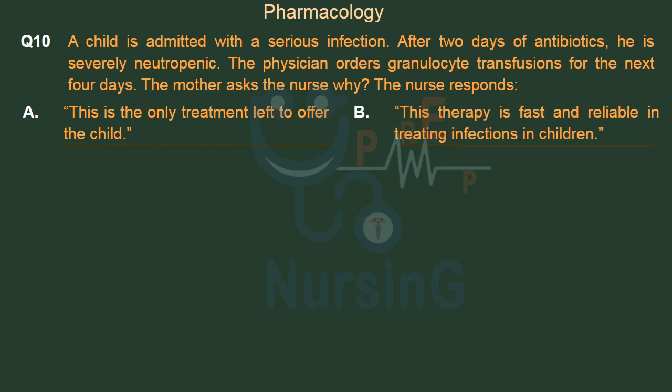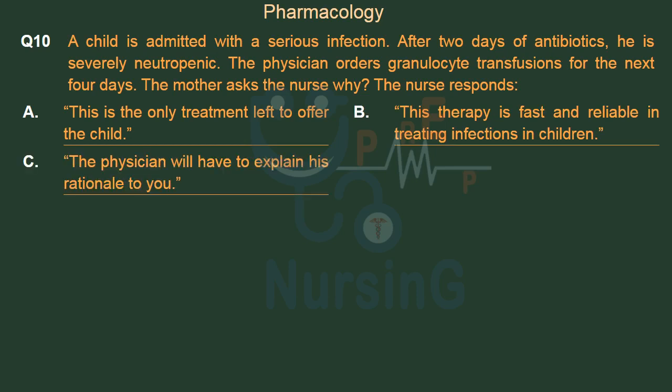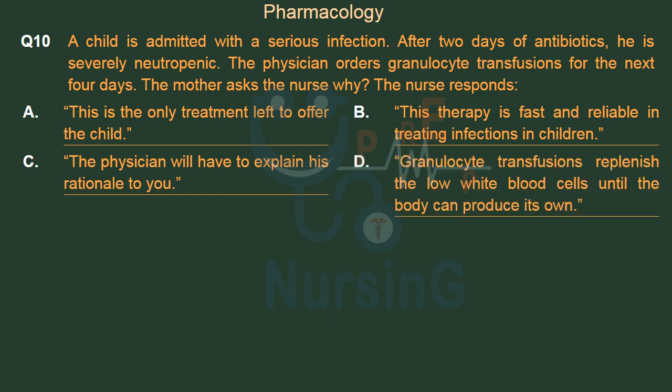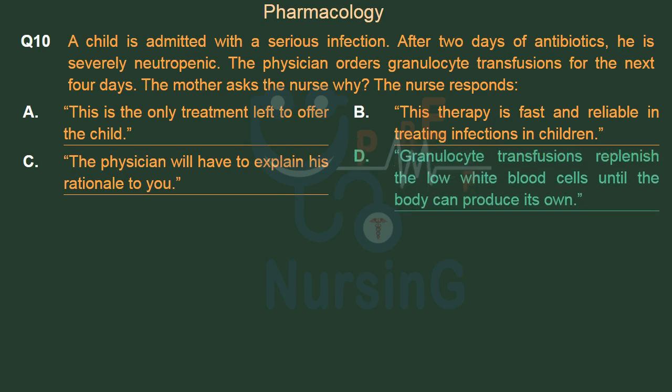Option B. This therapy is fast and reliable in treating infections in children. Option C. The physician will have to explain his rationale to you. Option D. Granulocyte transfusions replenish the low white blood cells until the body can produce its own. Right answer is option D.